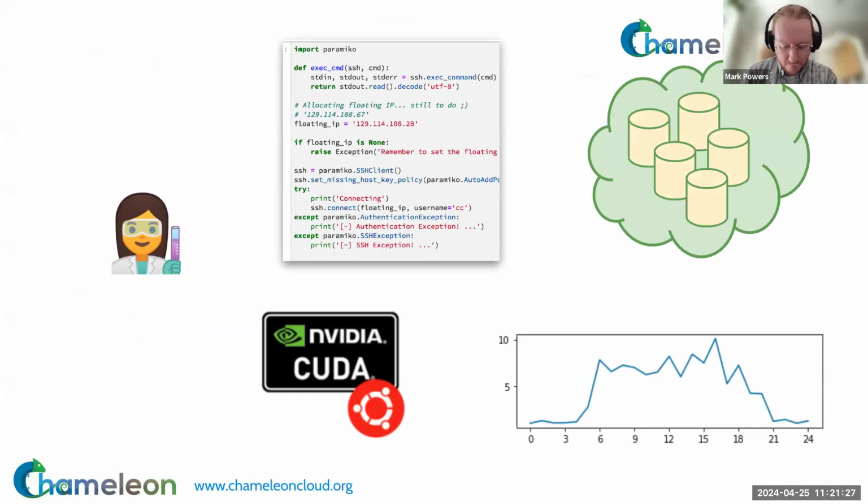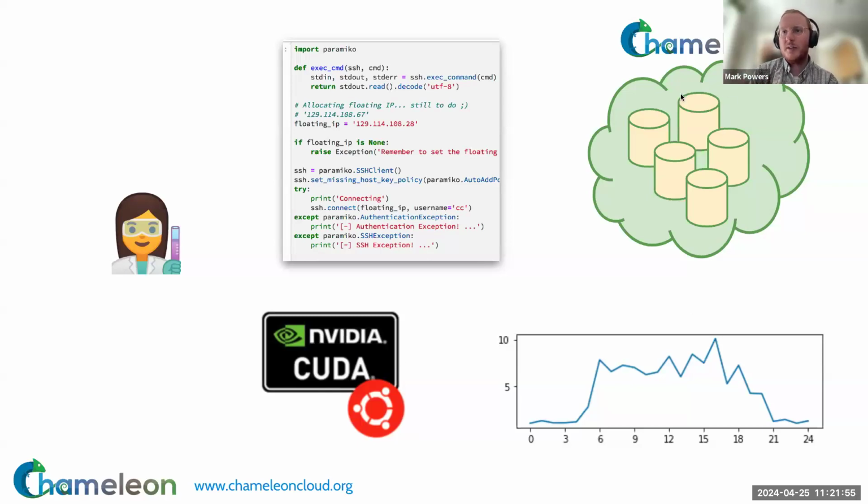So I was getting into a problem that researchers might have managing all these different parts of their experiment, as I was managing it in the demo. I'll have some code that is my experiment, and I'll have my environment on the node that contains maybe CUDA and Ubuntu.